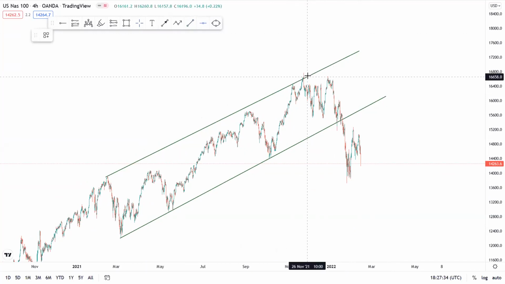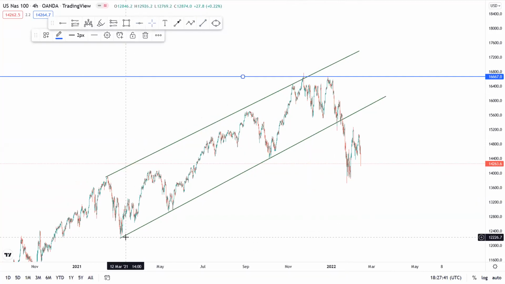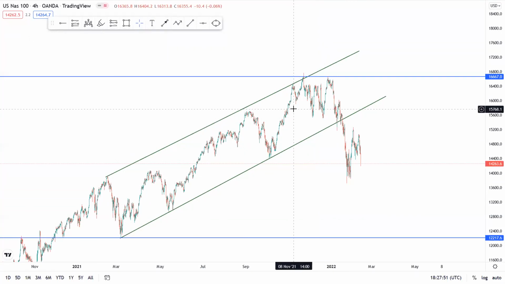So if you check here, we're going to be creating our highest point, and then our lowest point, and then my current lowest point. So I will only create these things here.